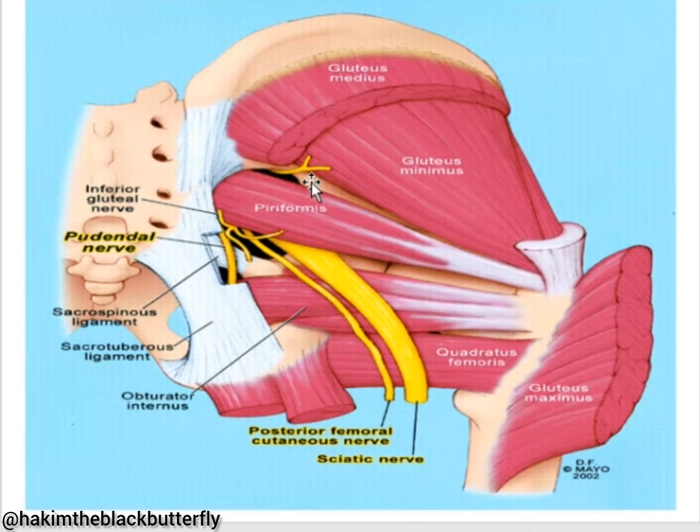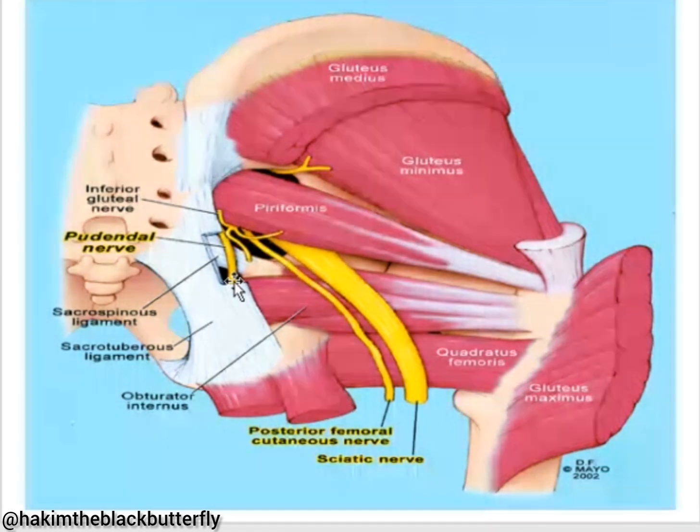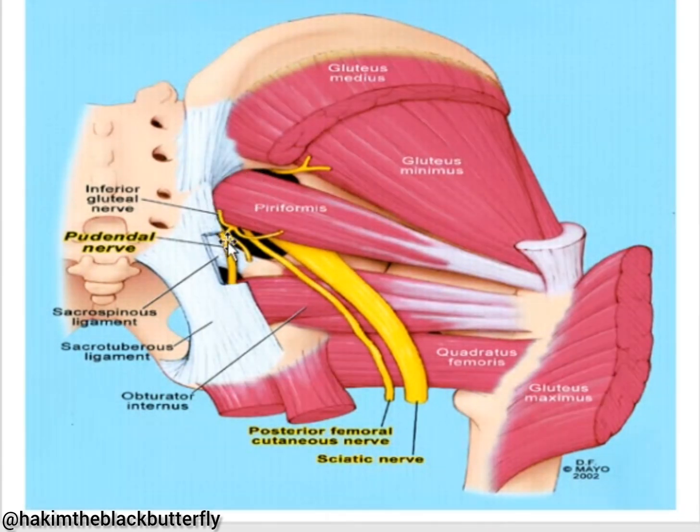Now, remember I talked about the greater sciatic foramen and the lesser sciatic foramen, which were originally notches, the greater sciatic notch and lesser sciatic notch.